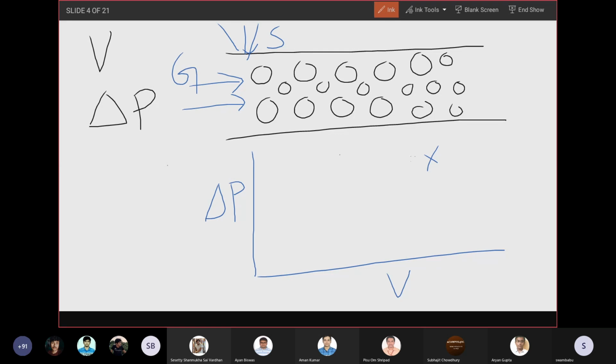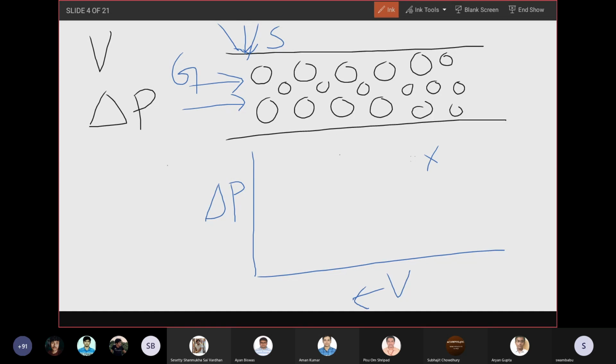Let's say I haven't changed the solid rate, but I have reduced the velocity of the fluid. What will happen to the pressure drop when I reduce the velocity in this direction?